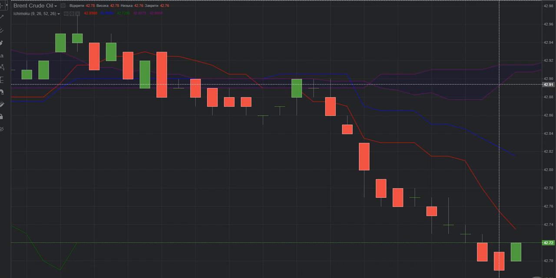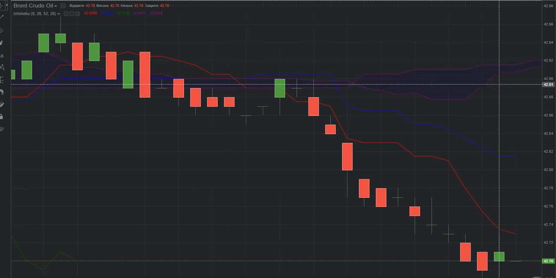An uptrend is strengthened when the Senkou span A green line is rising and above the Senkou span B red line. This situation produces the green cloud. Conversely, a downtrend is reinforced when the span A green line is falling and below the span B red line. This situation produces the red cloud.